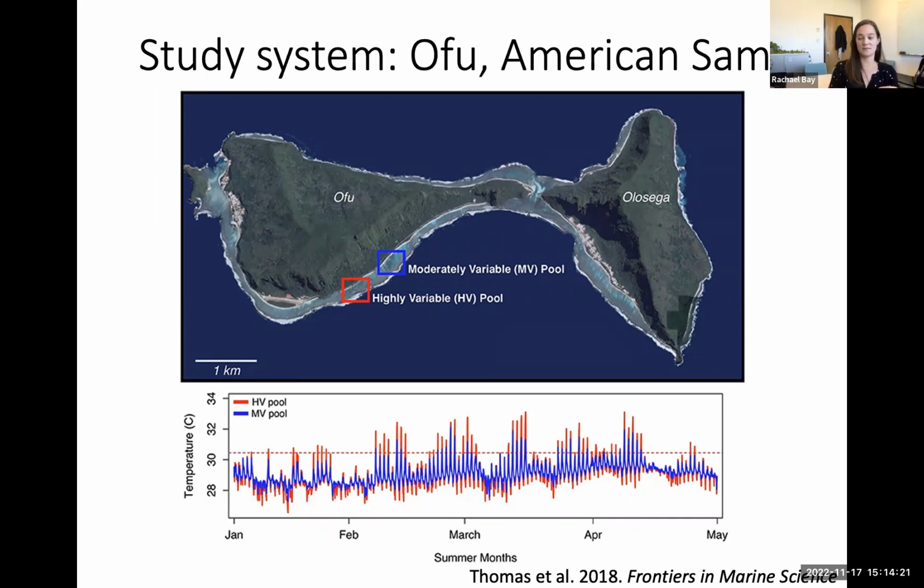And even in times where we've seen short, small magnitude changes where you exceed that bleaching temperature, we often see that the reef remains healthy. So until the past few years, we hadn't seen many major bleaching events in that pool at all. So the question is, before that, how did this reef remain healthy?